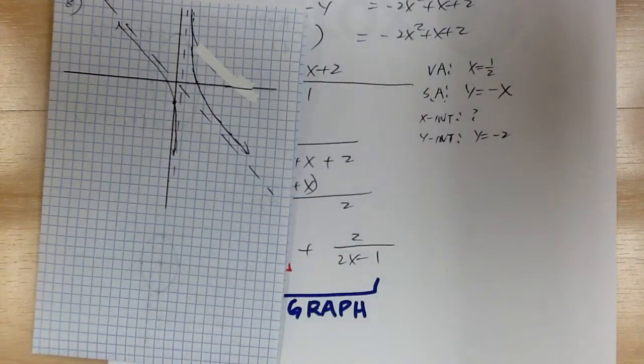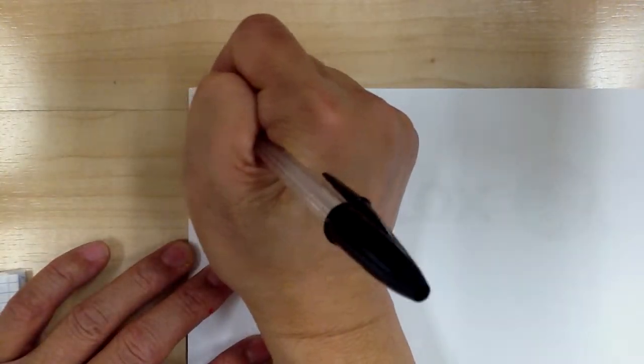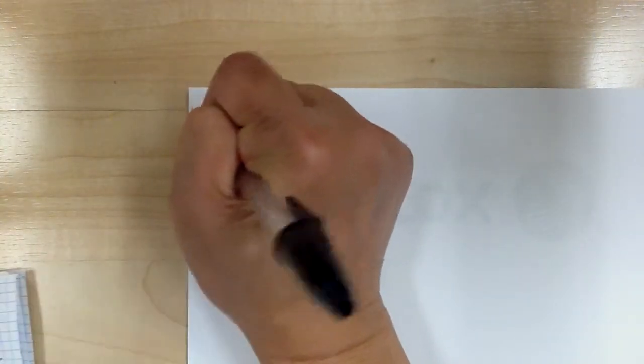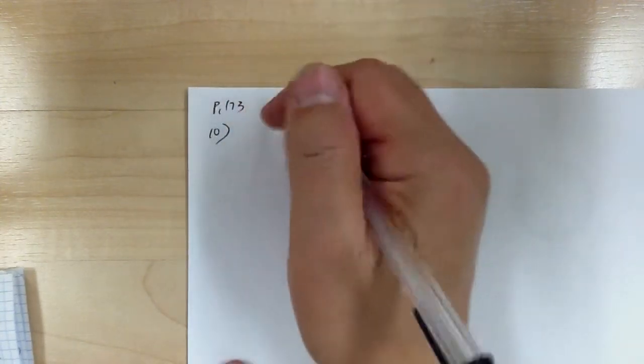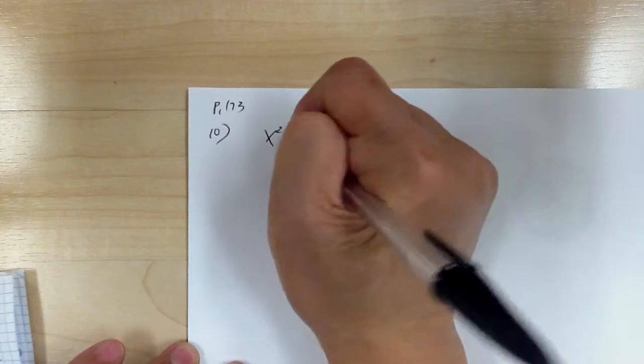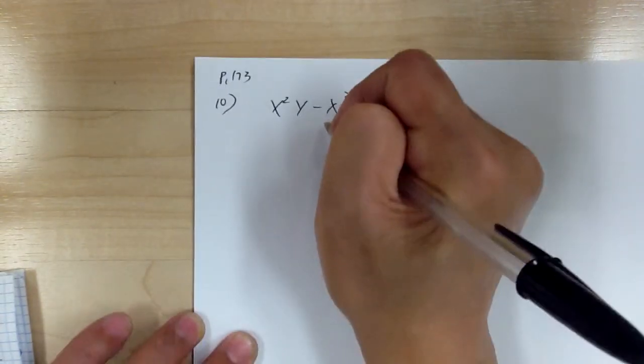Okay, let's go to number 10. Number 10, you have x squared y minus x cubed plus 1 equal to 0.